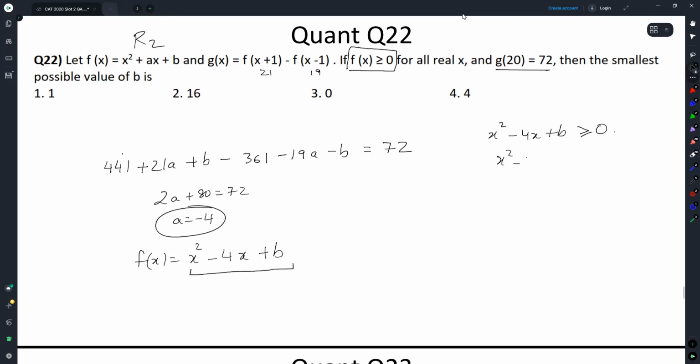Okay, x squared minus 4x plus 4 plus b minus 4 has to be greater than or equal to 0. (x minus 2) whole squared plus b minus 4 has to be greater than or equal to 0. This will give me a 0. The minimum value that this expression gives me is 0. So b has to be greater than or equal to 4. Minimum possible value of b is 4.